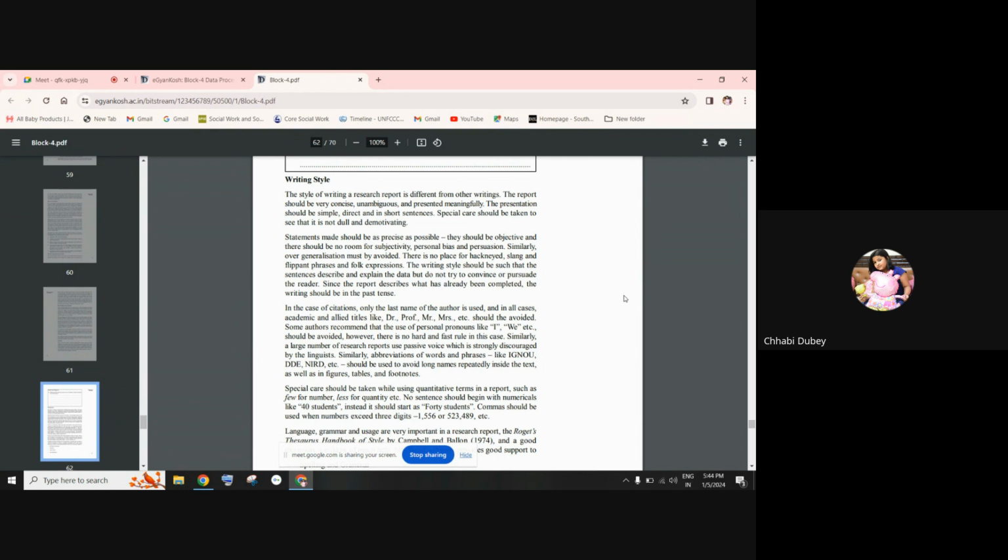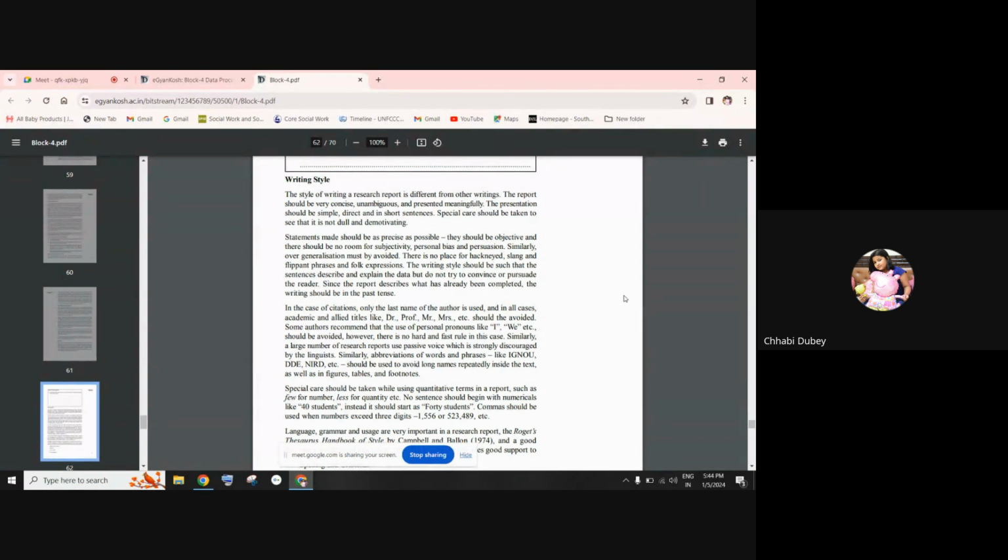And then there are different citation styles that are accepted by different organizations. So depending upon the organization for which you are carrying out or presenting your research, you have to accept the citation style. Mostly the APA, the American Psychological Association, generally the APA style of citation is followed.